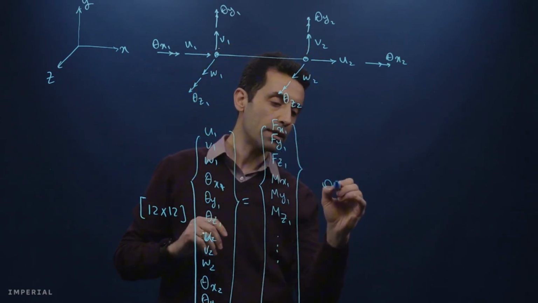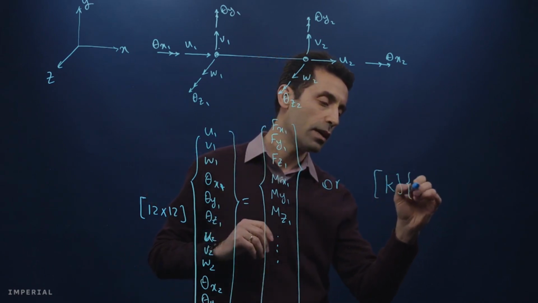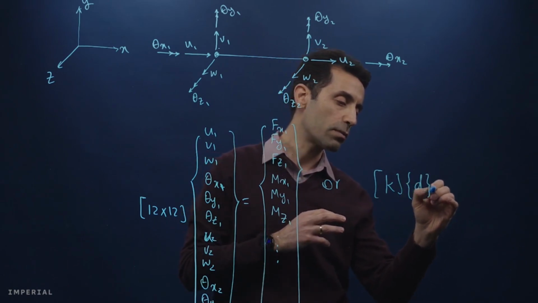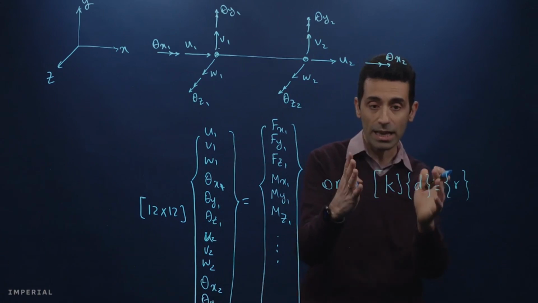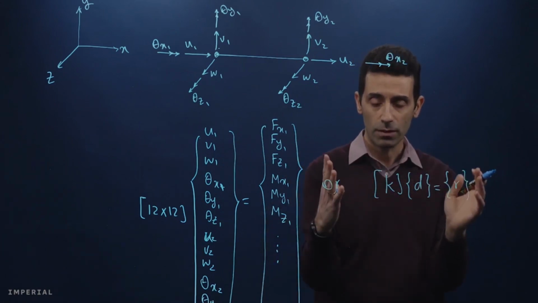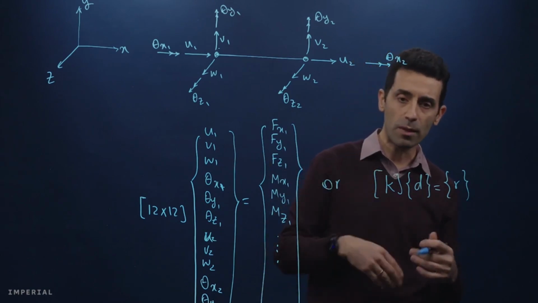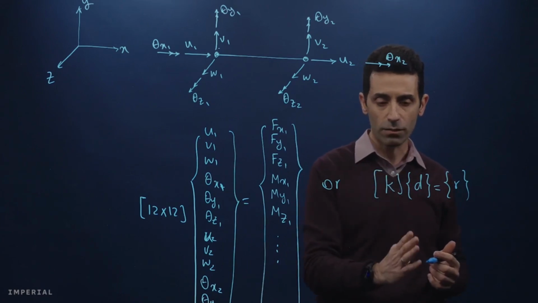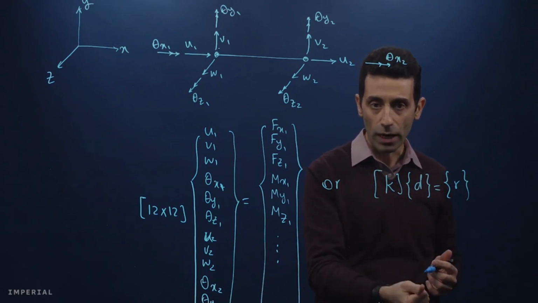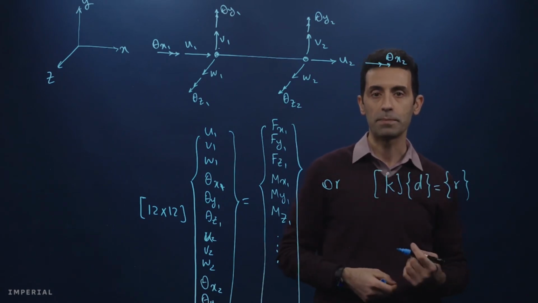Or again, neatly, we can write this as k, small letter, times vector of nodal displacements equals vector of nodal forces. So you see again, this equation of static equilibrium repeats the same way we have seen with 2D beam elements and truss elements. This looks the same. The only difference is that now degrees of freedom are different, so we have more elements in the vector of nodal displacements and the vector of nodal forces.